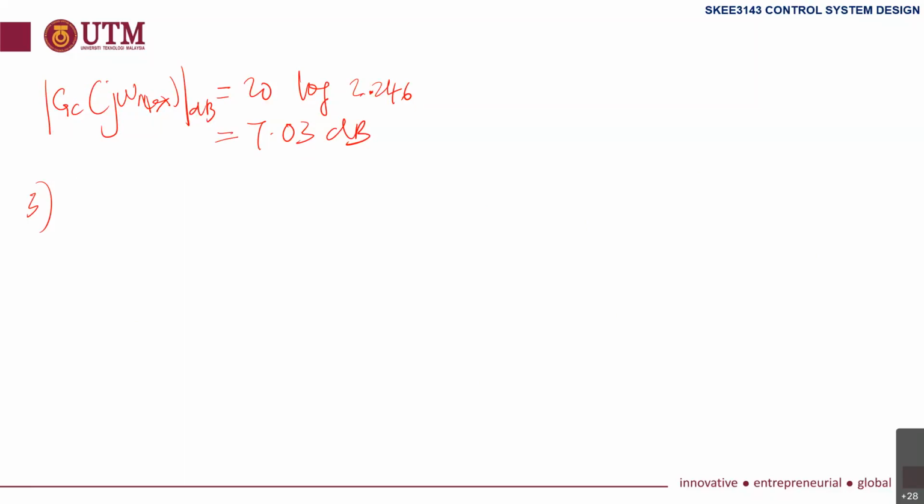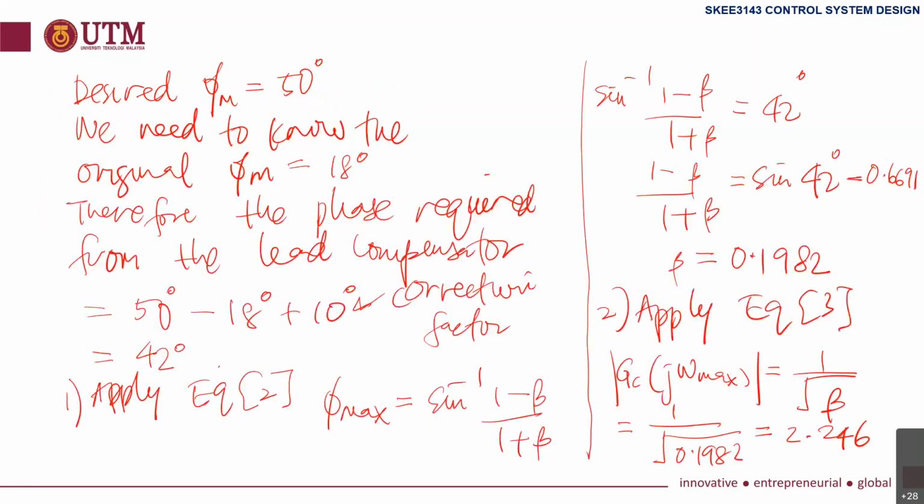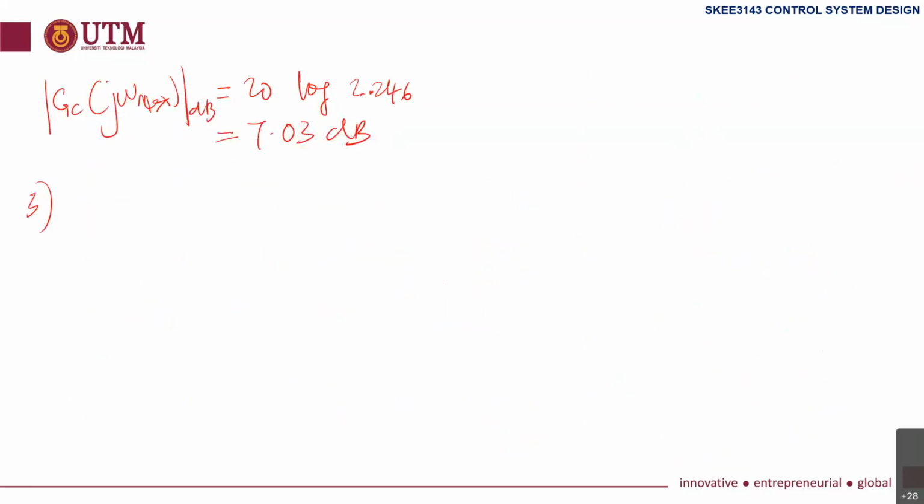Okay, omega max is the place in which we will add the 42 degrees, phi max. So in order for the phase margin to be obtained, we need to make sure that at omega max the magnitude crosses 0 dB.